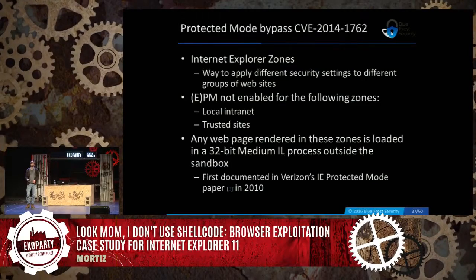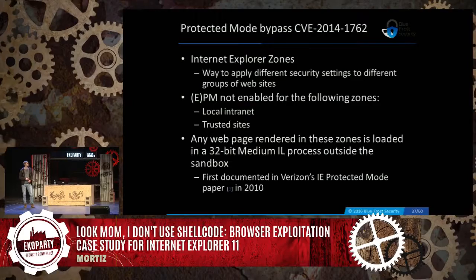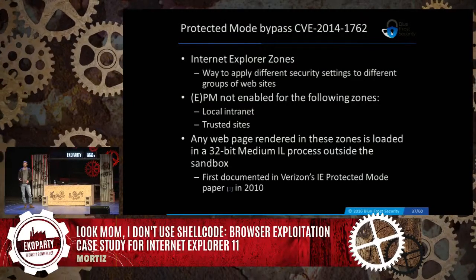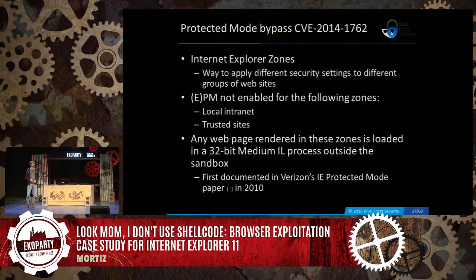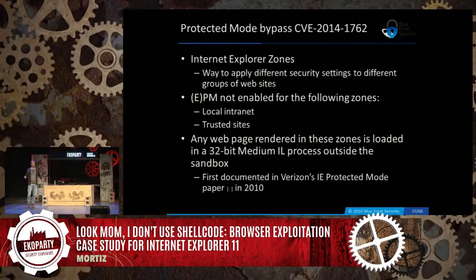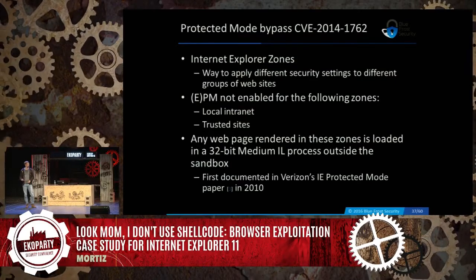Again, I was reading up on old techniques used by other people, and I found this nice way of how people escape the protected mode, the less secure version of the sandbox, which is based on zones. Zones are basically an IE concept where you can apply security settings to different groups of sites.